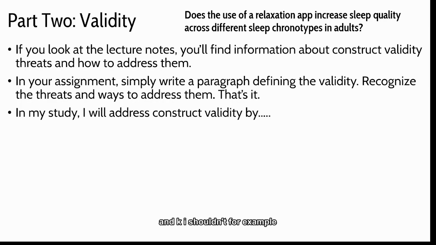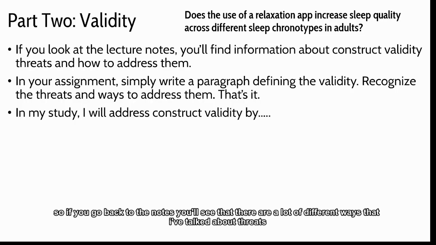Okay? I shouldn't, for example, if I was looking at sleep quality and I simply said, I'm going to measure how long a person sleeps at night, I am not fully collecting all of the information to paint that picture about their sleep quality. All I'm looking at is how long they slept. That is a very poor definition of how I'm going to measure that construct.